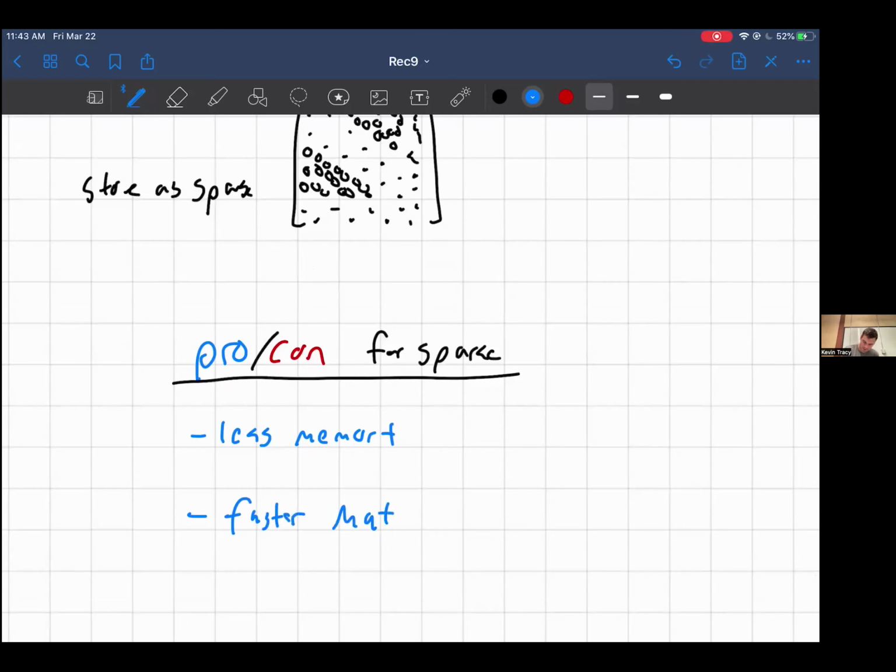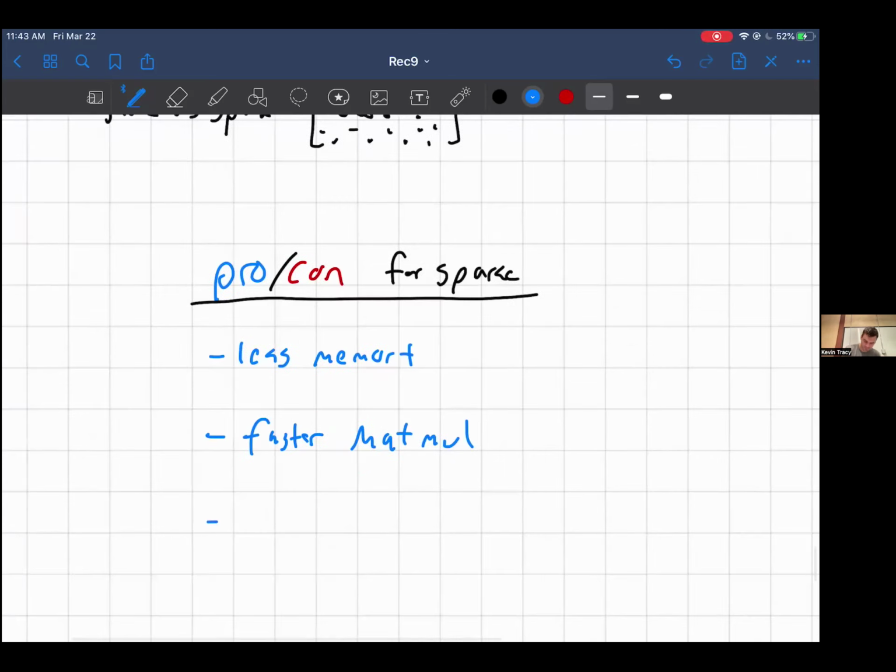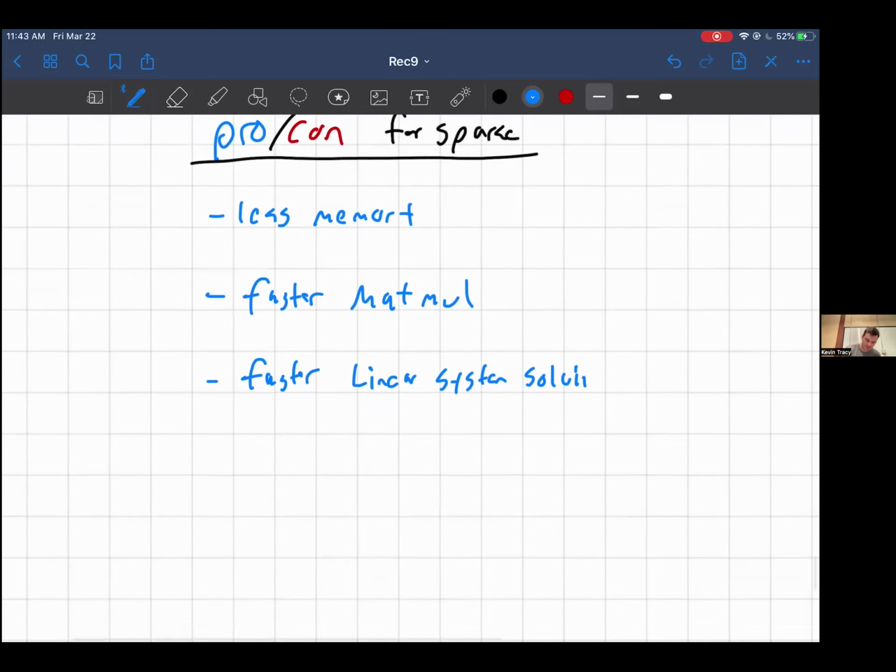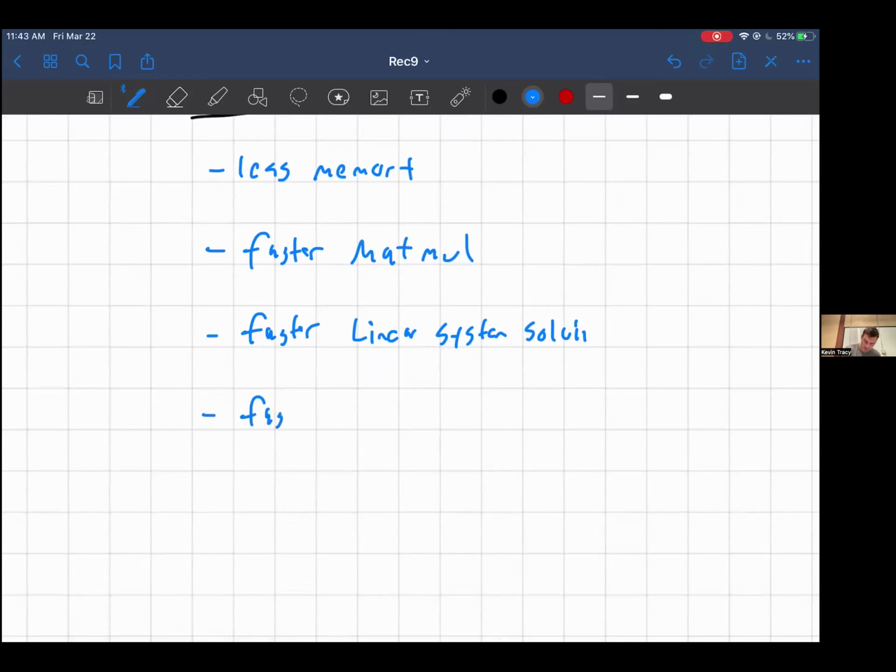Faster matrix multiplication, because I'm not multiplying a bunch of zeros together, I'm just ignoring those entries entirely. Faster linear system solving, which in turn leads us to faster optimization.